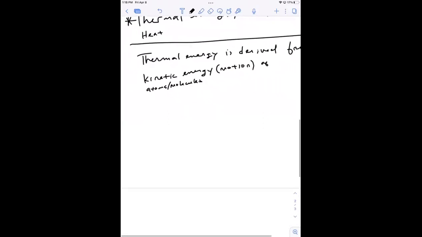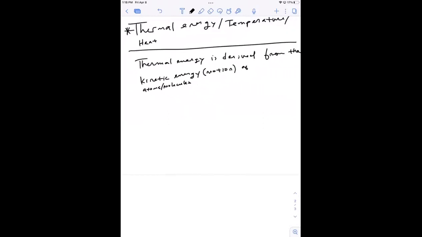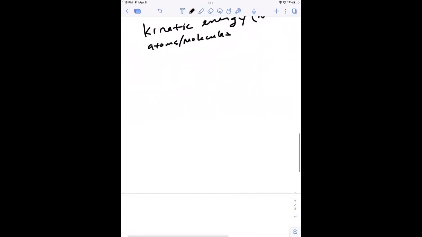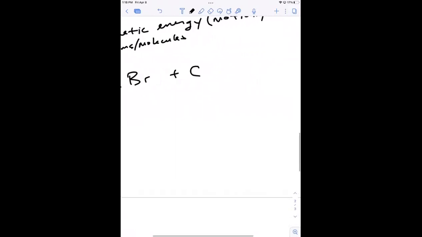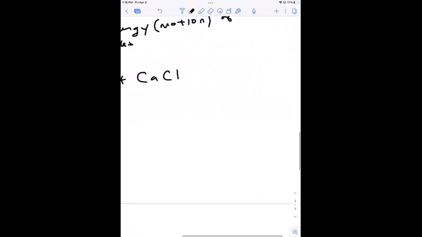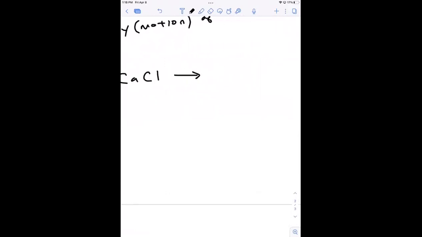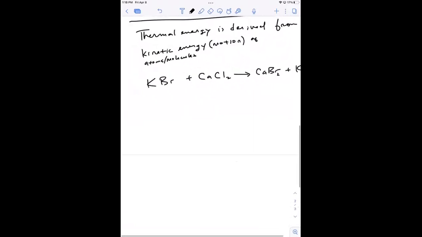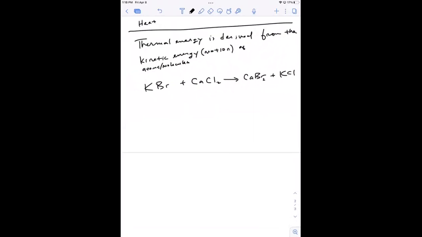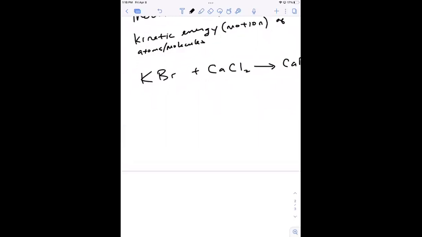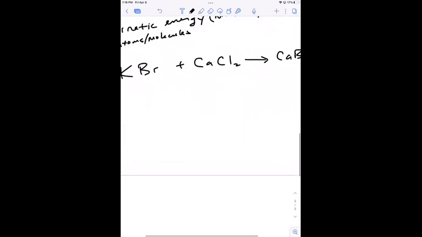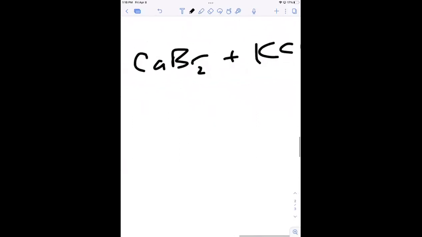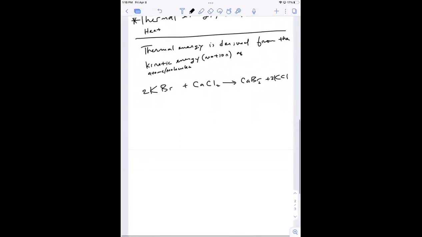We've been talking about reactions, and let's say, for instance, we have KBr. So let's say we have a reaction like this, and we balance that. We'll put a 2 here and a 2 here to take care of the balancing part, right?